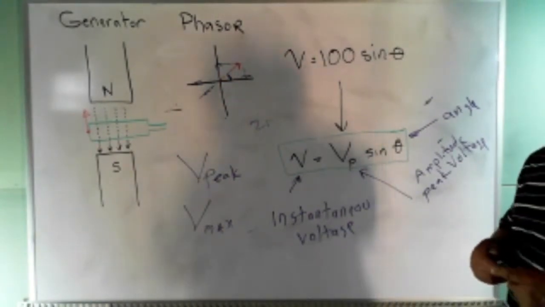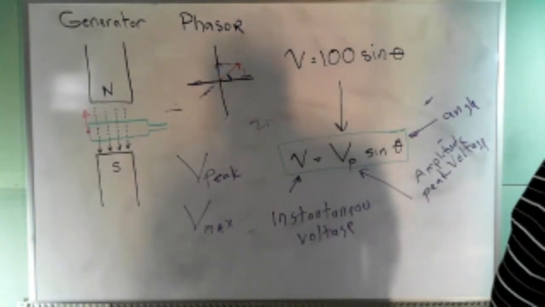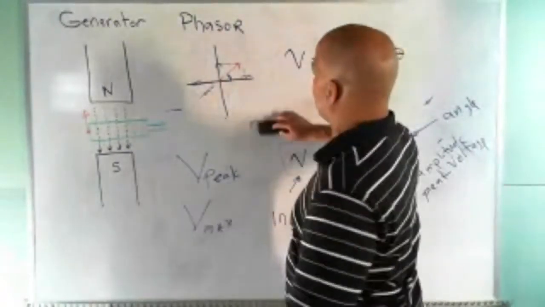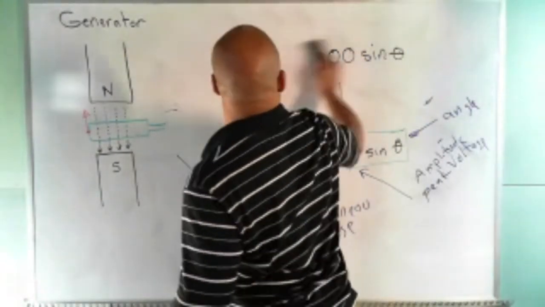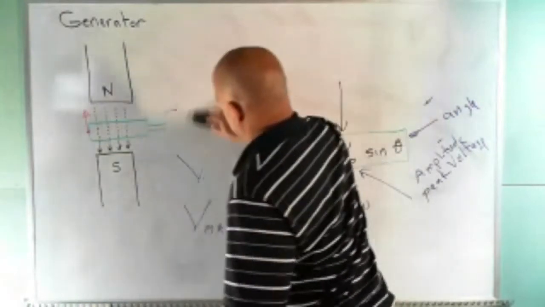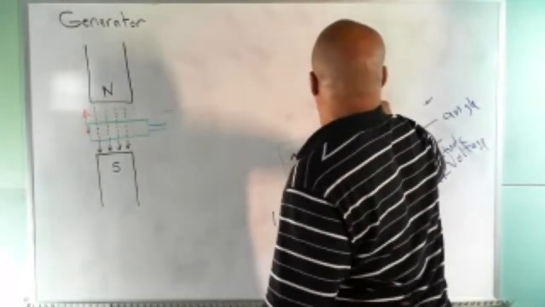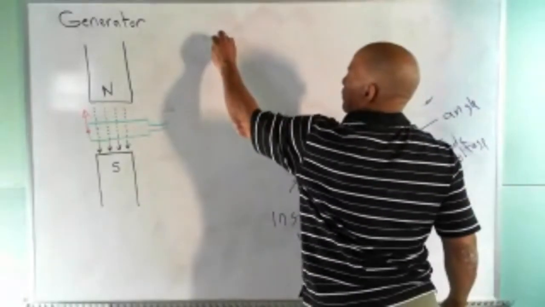But we need more information. This is not good enough. I want an equation to give me even more information. So let me go back to this phasor idea. Here's what I have. I got my phasor.